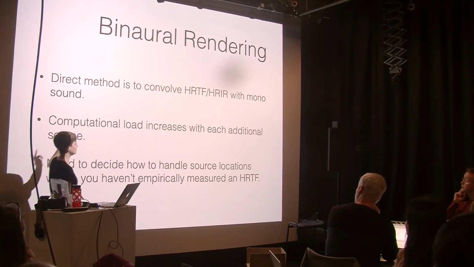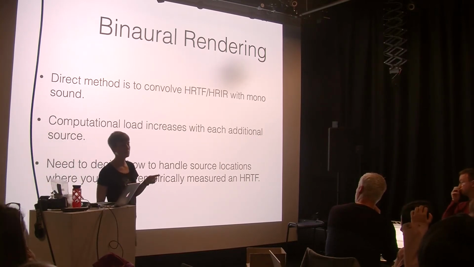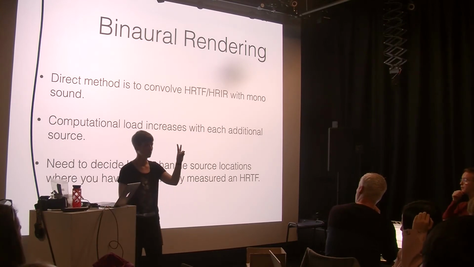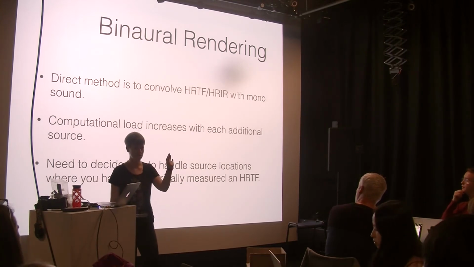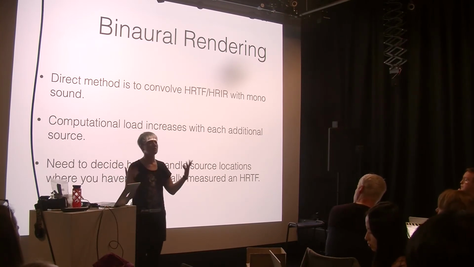The computational load will increase with each additional sound source. If you want to listen to one sound source, it means you have to make two convolutions, one with the left ear signal, one with the right ear signal. If you want to have three sound sources, that's going to be 3 times 2 convolutions, if they're all in different locations, for each HRTF. And it just scales and scales.